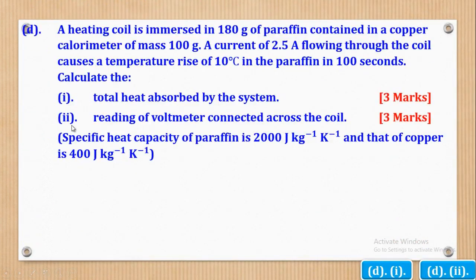Part D says, a heating coil is immersed in 100 grams of paraffin contained in a copper calorimeter of mass 100 grams.